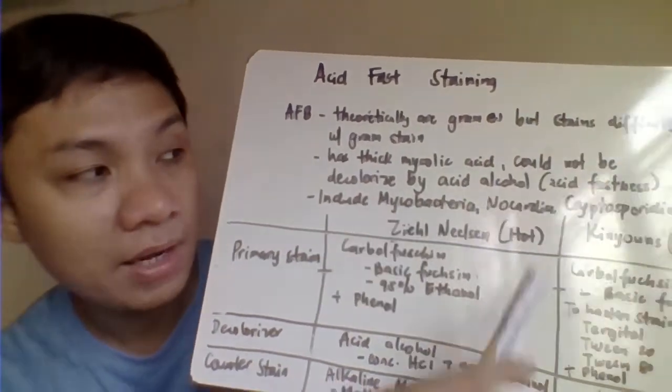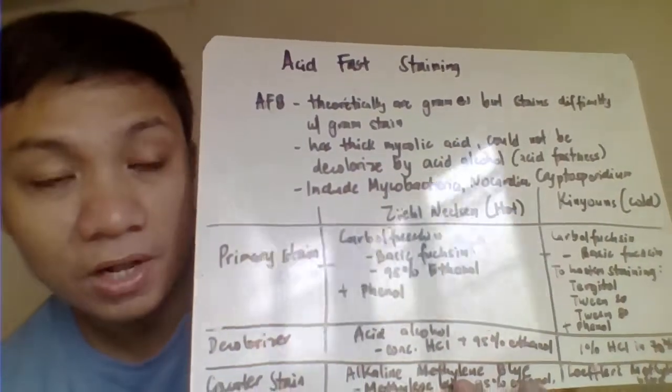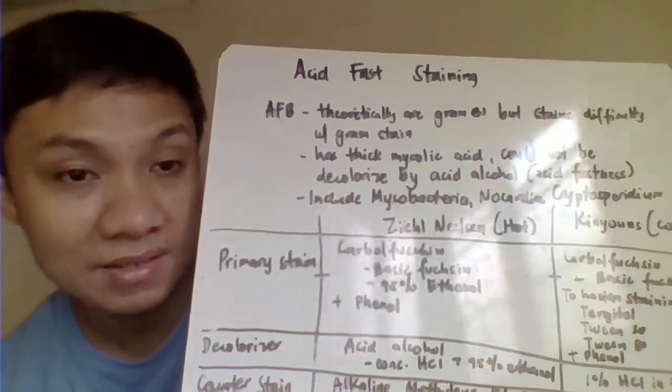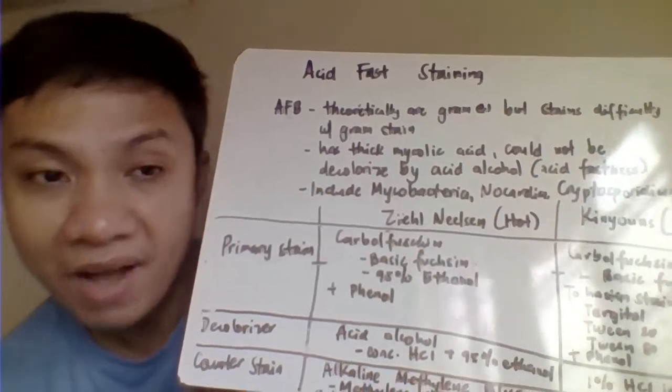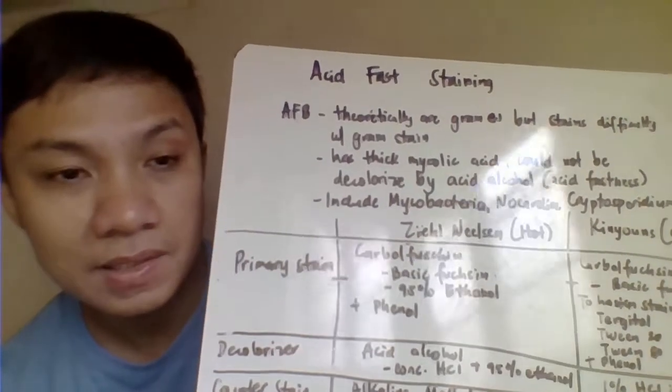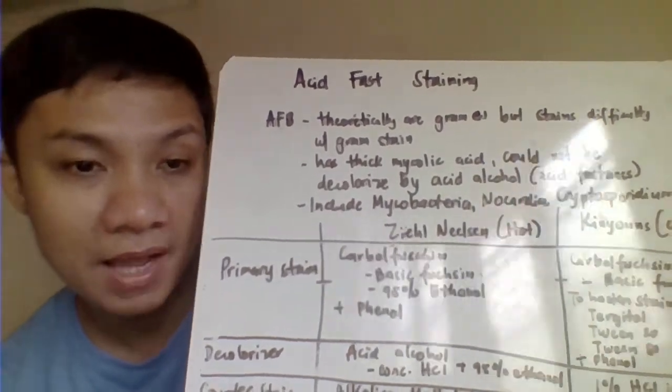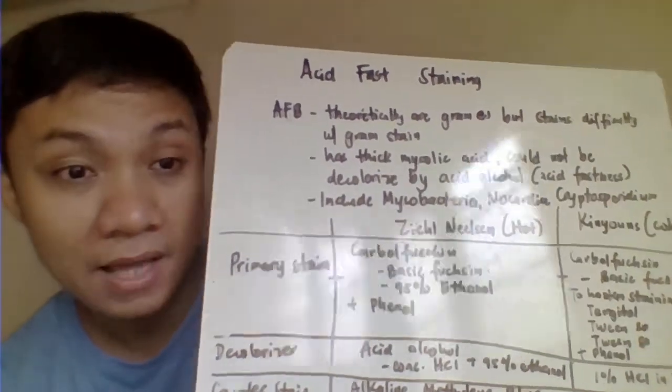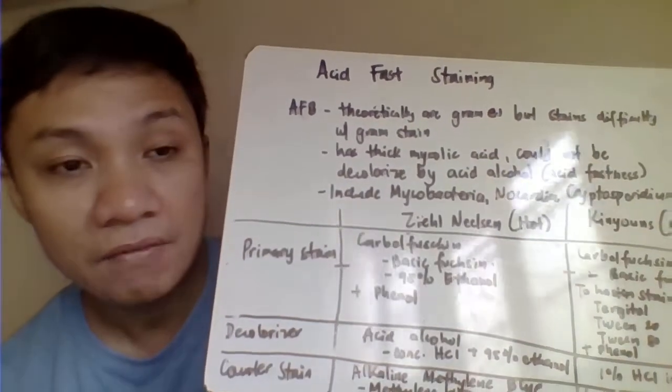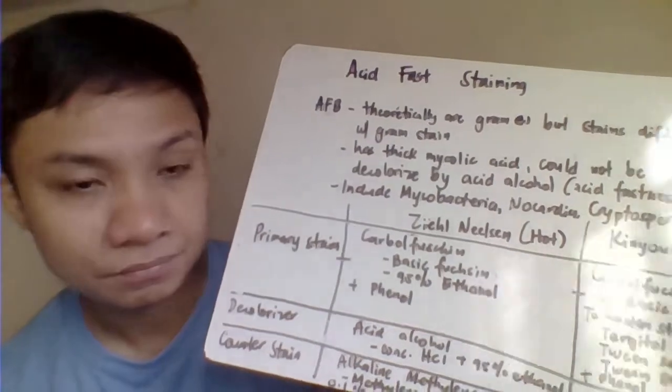Hence, you call that your acid fastness. So by acid fastness, they tend to resist decolorization by an acid alcohol. Meaning, they are not affected if you add your acid alcohol.